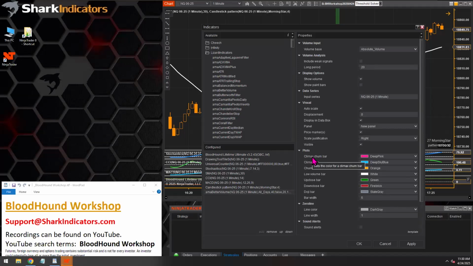So it has a climax churn bar, just regular climax, just a churn, low volume, and your typical up close, down close bars, and a doji bar, right?